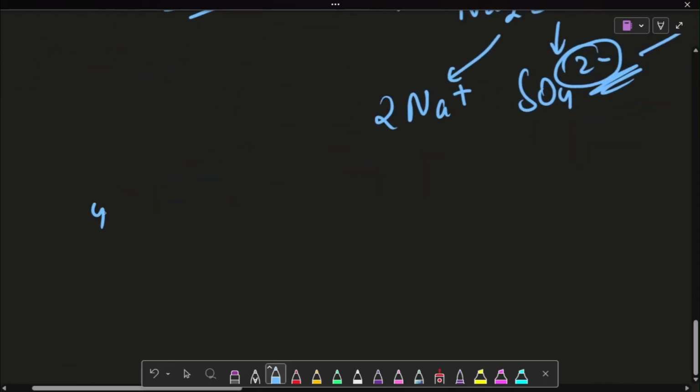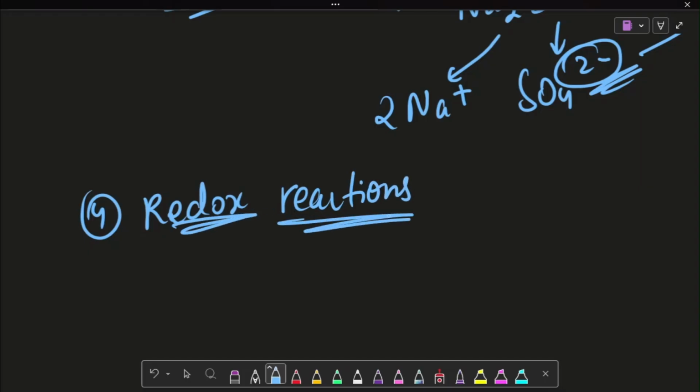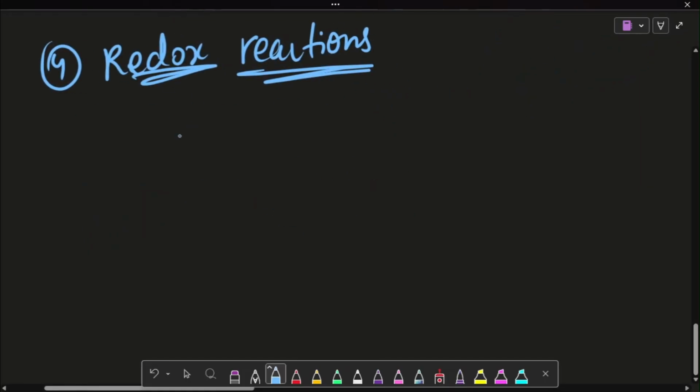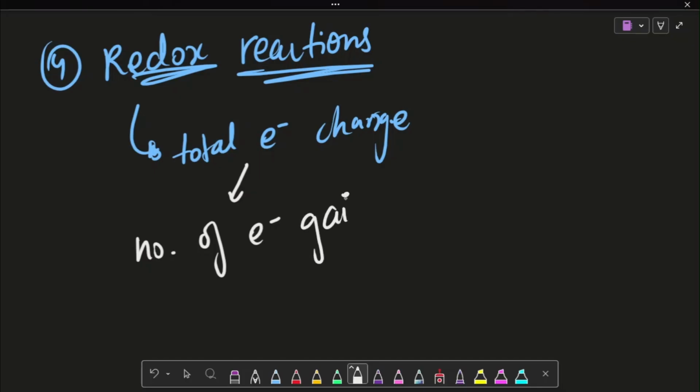Now the final one, redox reactions. Talking about redox reactions, it's the number of total electron change, which is basically the number of electrons gained or lost.